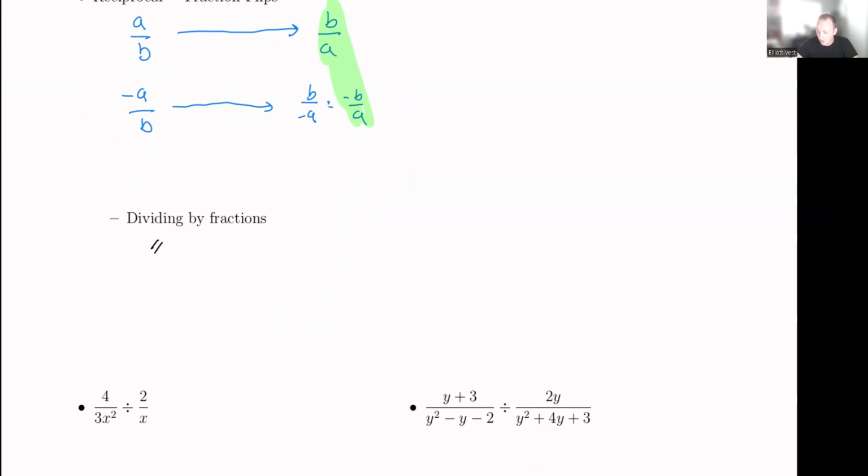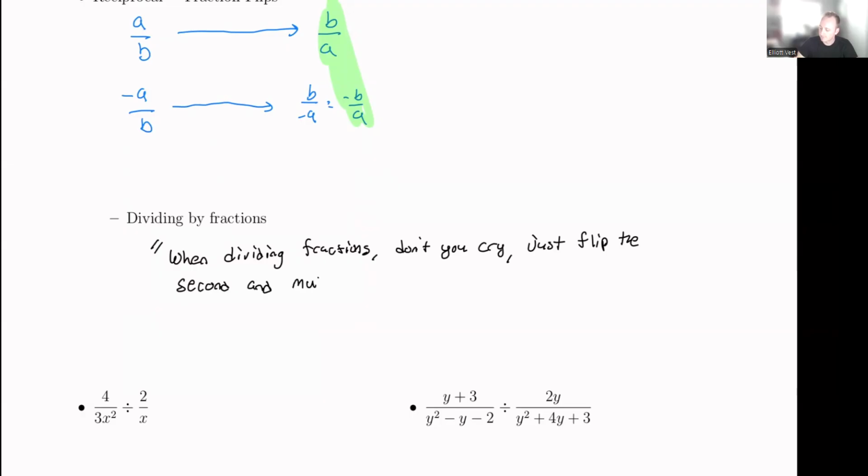The rhyme is: when dividing fractions, don't you cry, just flip the second and multiply. So it's okay that I didn't do many multiply examples, because I'm going to be doing a bunch of multiply examples right now. So let's try.